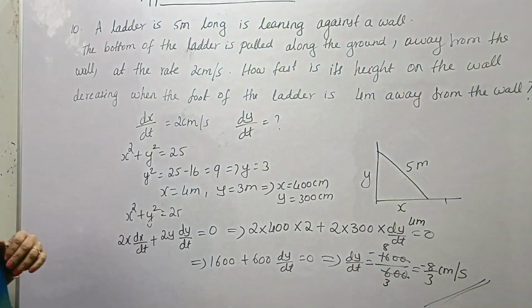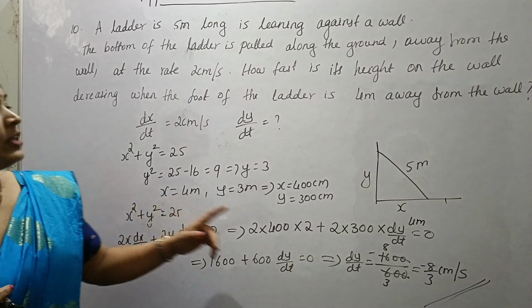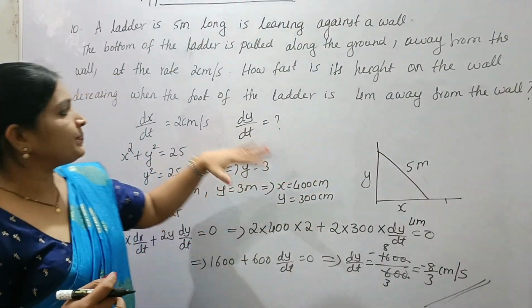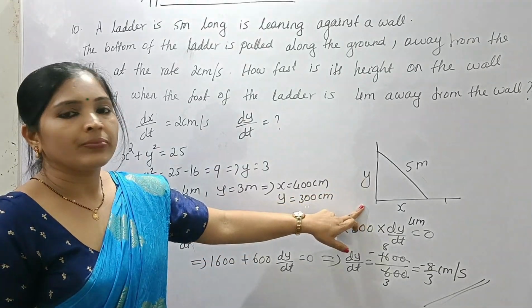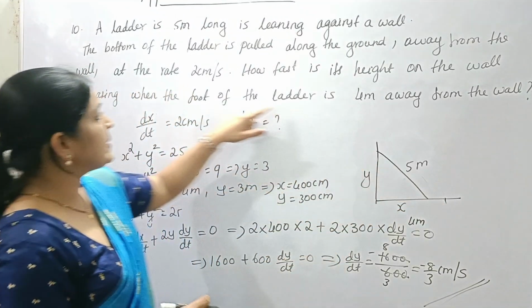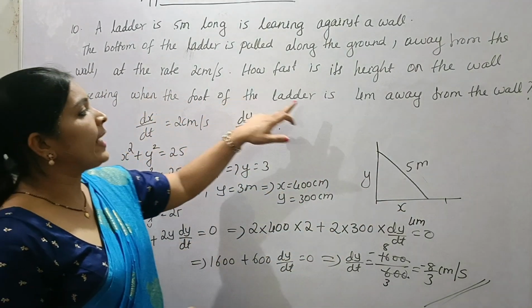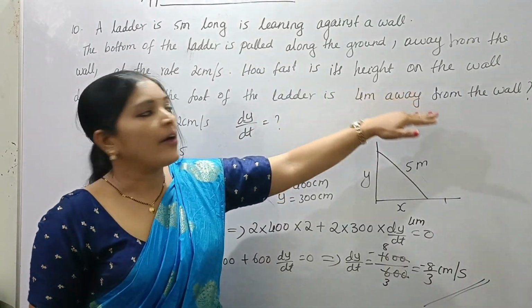So here we can say this height of the wall is decreasing when the foot of the ladder is 4 meter away from the wall.